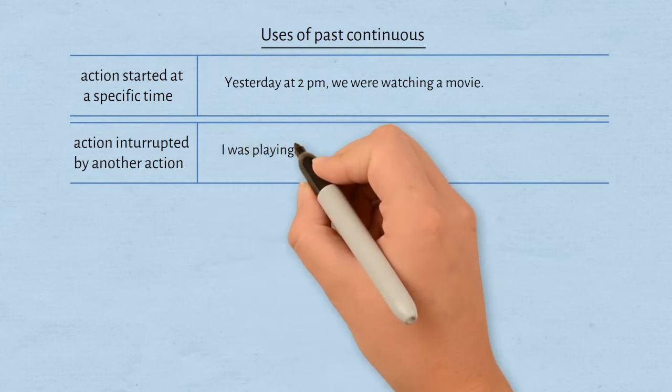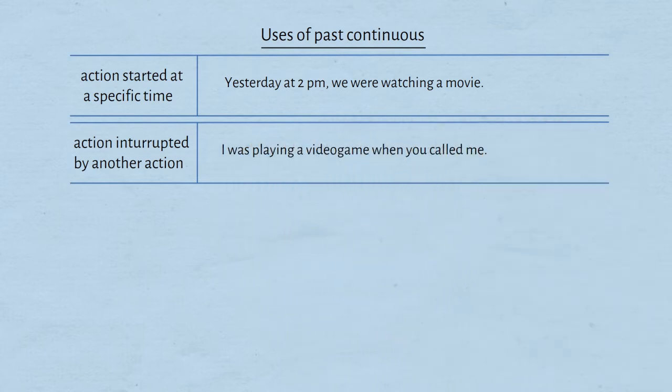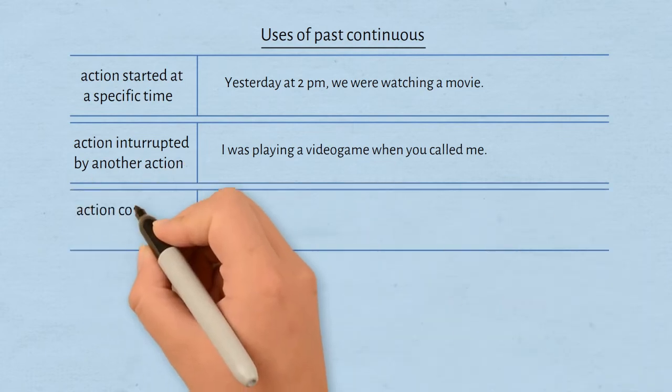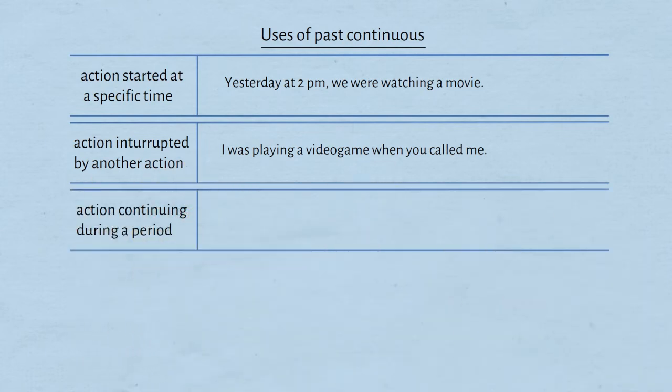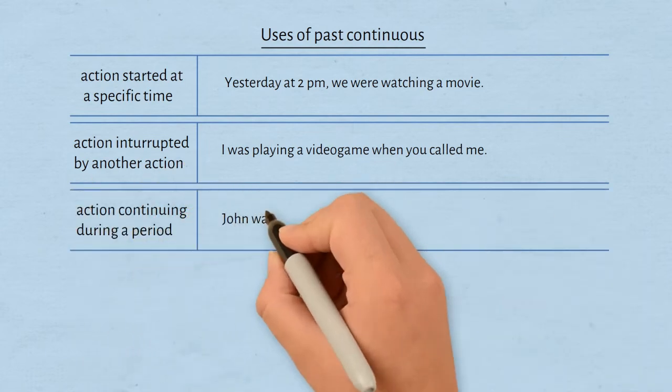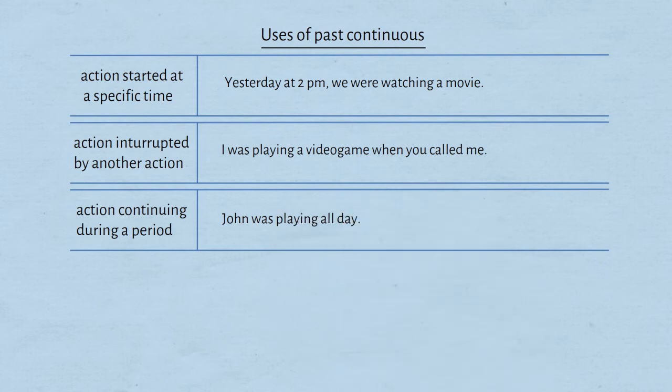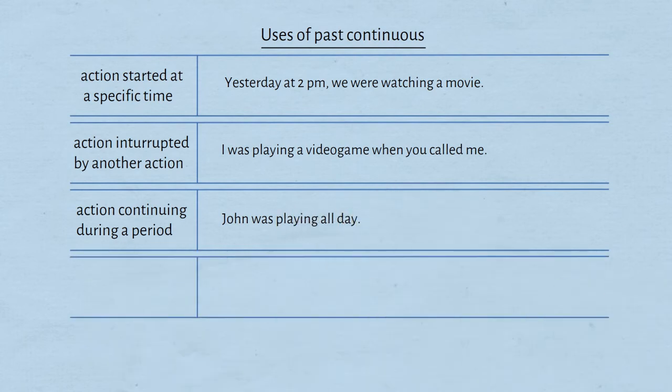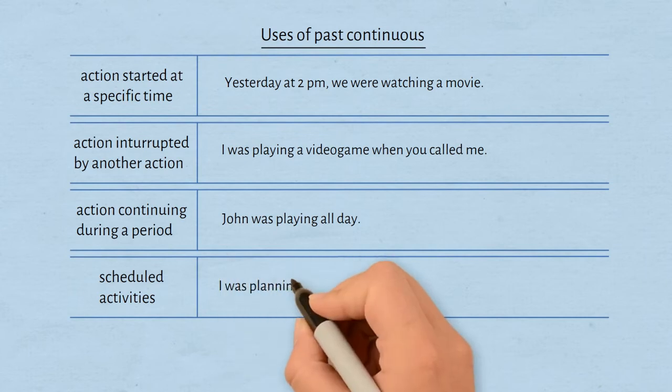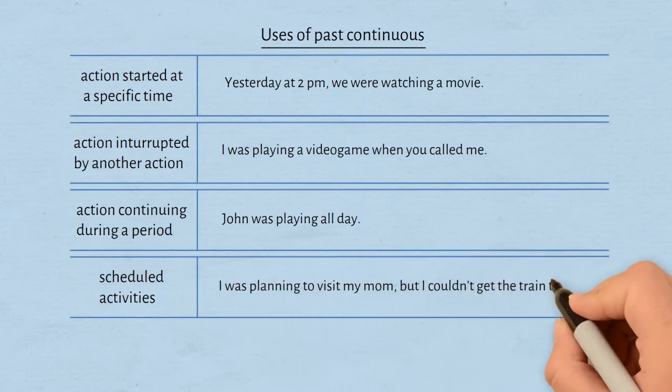I was playing a video game when you called me. We also use this tense to talk about an action continuing during a period. John was playing all day. We also use this tense to talk about a planned action. I was planning to visit my mom, but I couldn't get the train tickets.